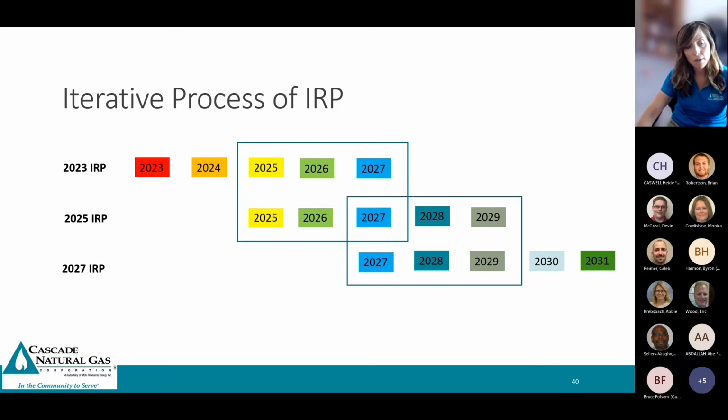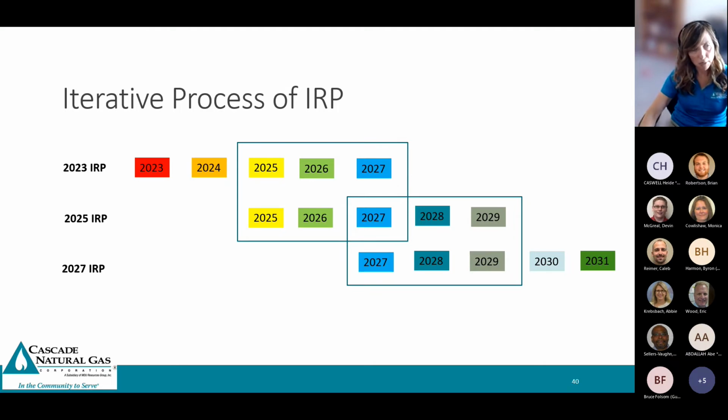Projects that we're talking about right now that are looking at 2025, we'll be re-looking at in the next IRP and asking questions like, are those still needed? Has something changed on our system? If, let's say, RNG comes on, maybe that addresses some of that. Maybe some of our capital budgets are changing to account for that.